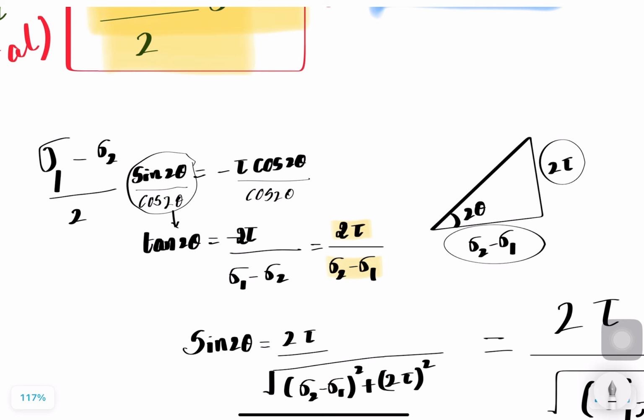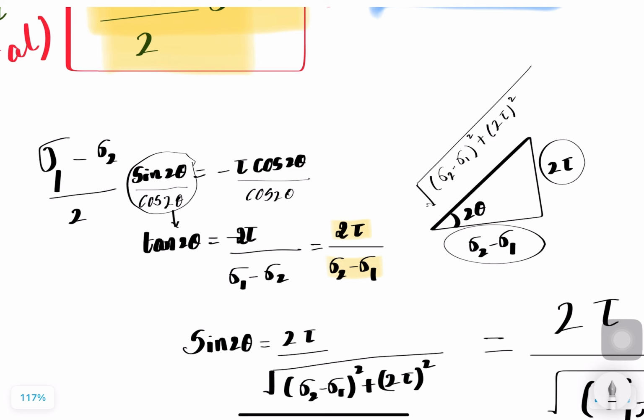This enables us to find the hypotenuse. Hypotenuse squared is opposite squared plus adjacent squared. It's simply hypotenuse equal to square root of 2 tau whole squared plus sigma 2 minus sigma 1 whole squared.